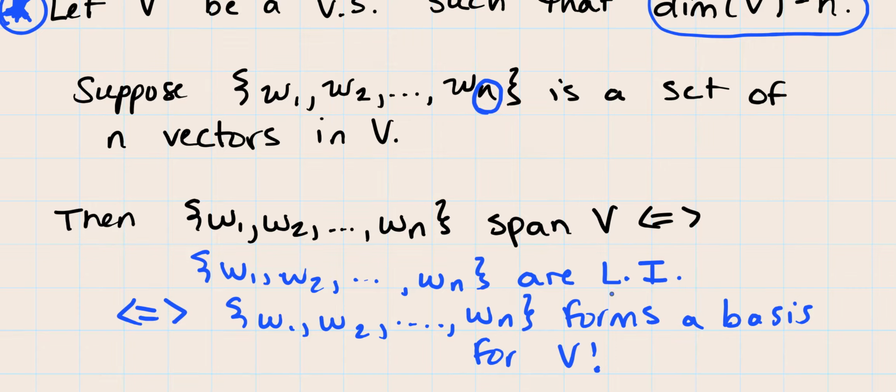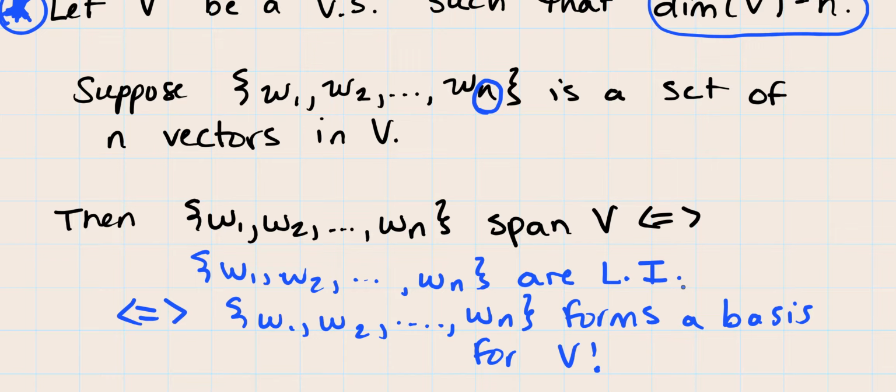And we know from a problem we did in the last video that spanning takes some time to check. Checking that vectors are linearly independent is a lot quicker than showing they span. So if I give you, for example, R3, and I give you 3 vectors, and I ask you, do they form a basis? Well, since we know the dimension of R3 is 3, all we have to do is check if the vectors are linearly independent.